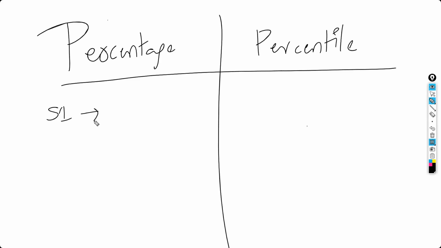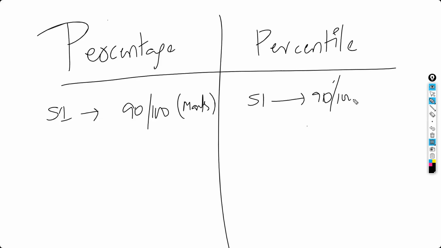That student has got 90 out of 100. For this particular student, what is the percentile and what is the percentage? Same example, 90 out of 100 marks. No difference so far.